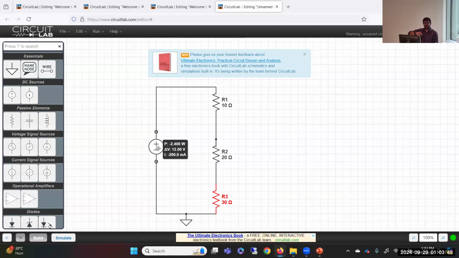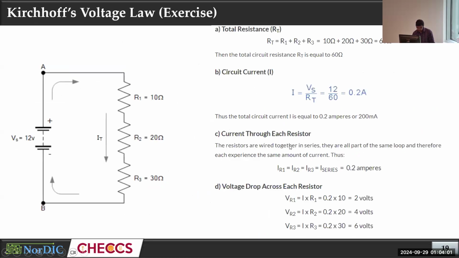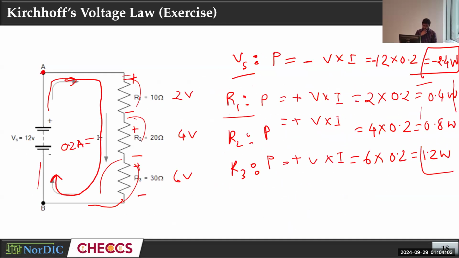You remember the current was leaving the positive terminal and entering the negative terminal. That's where we actually discussed. So you see the current here is leaving the positive terminal and entering the negative terminal.